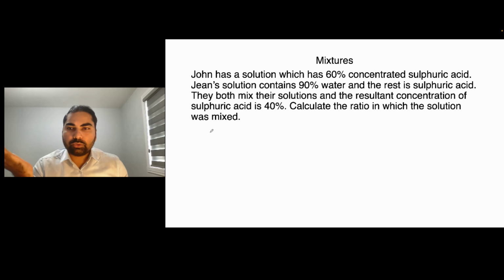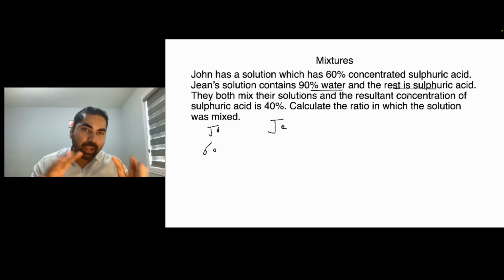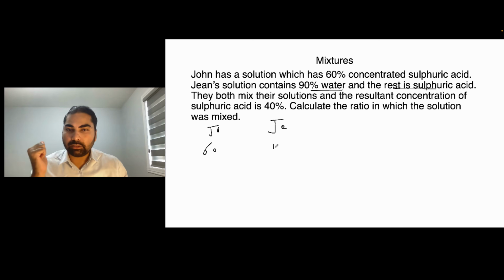I'm just going to type John here, and Jean here. John has 60% acid, and Jean's solution has 90% water, and the rest is acid. You've got to make sure that you're comparing apples to apples here. You're comparing acid to acid. So if it's 90% water, that means this is going to be 10% acid, and if they mix both together, the resultant concentration is 40. And now you can just get rid of the zeros here. You don't need the zeros if there are zeros everywhere.